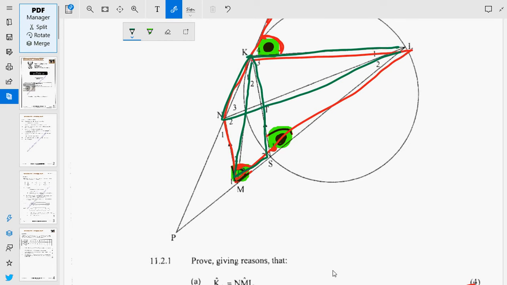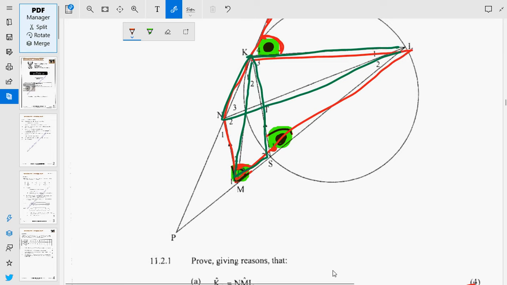So what you have to do is prove that there are equal angles in these two triangles. So where do I start here? I'm going to start with L1.